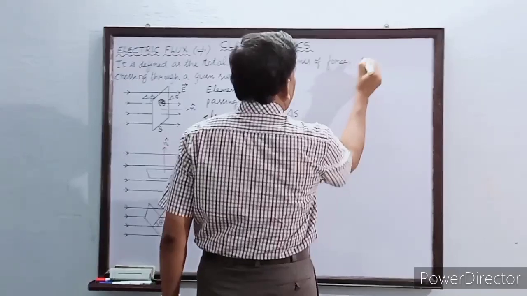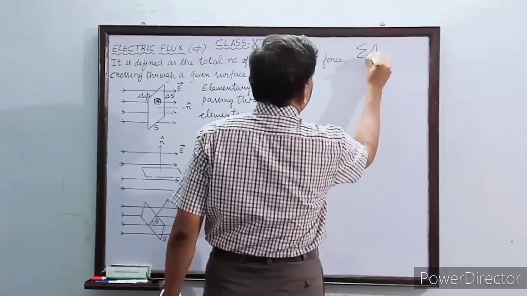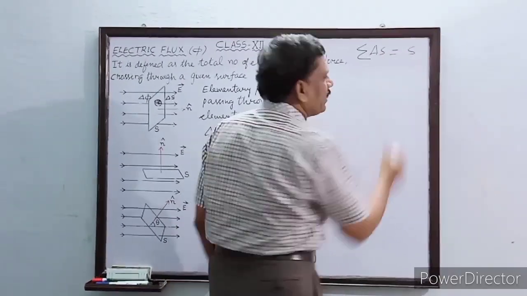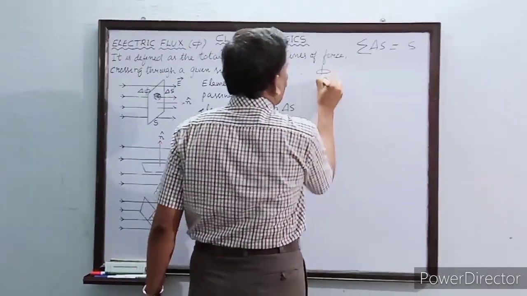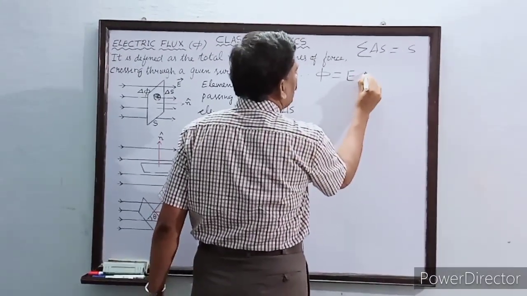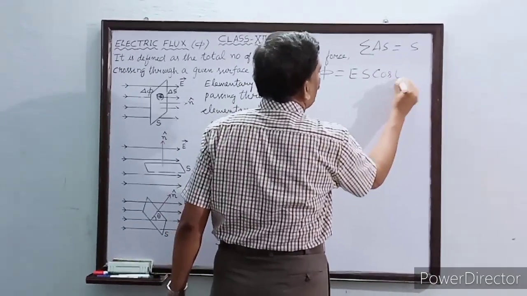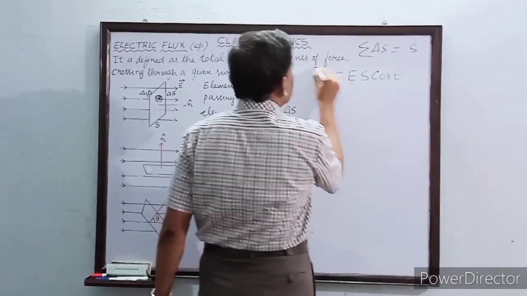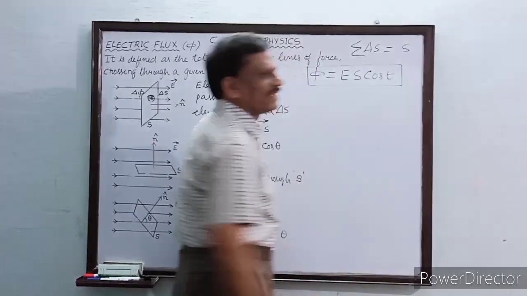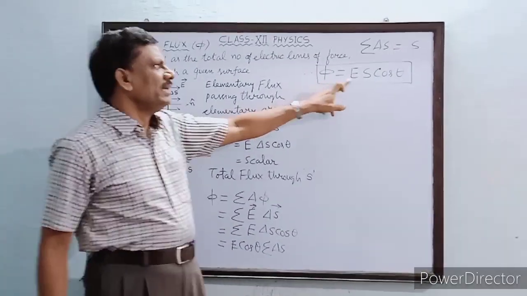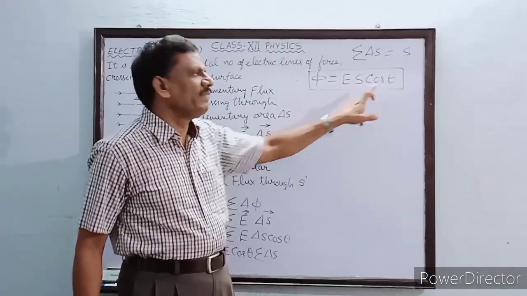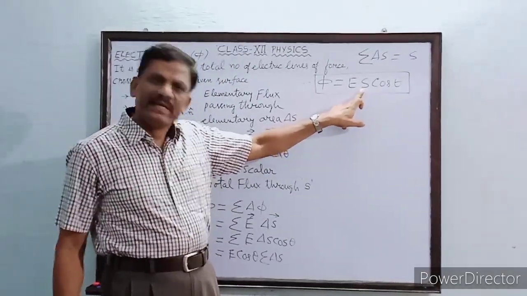So here sigma delta S is nothing but the total surface area S itself. Therefore, the total flux phi is equal to E into S into cos theta, where S is the total area. So this is the expression for the electric flux.